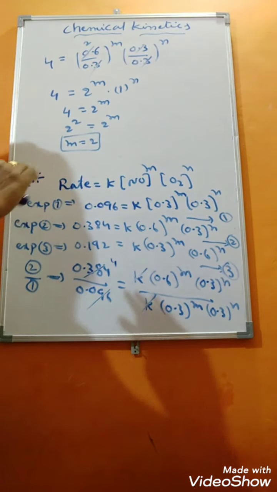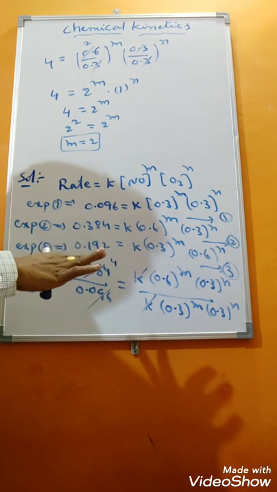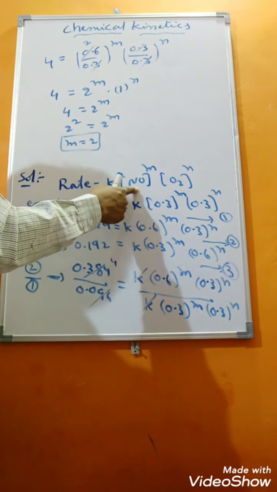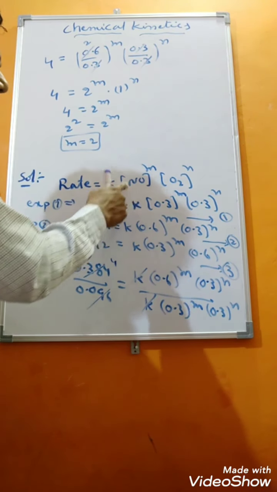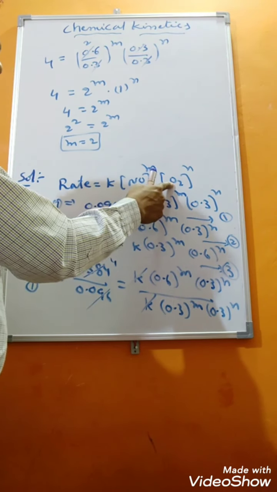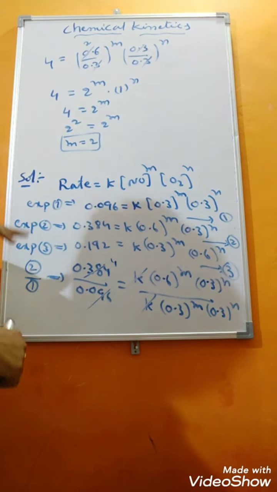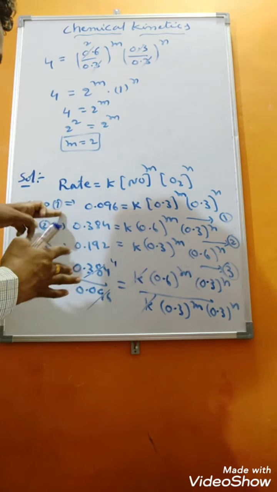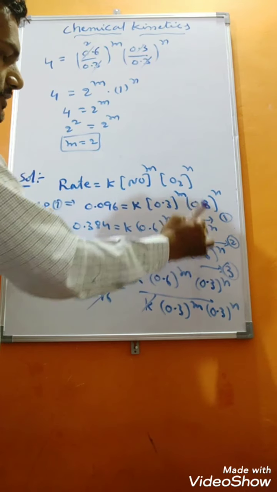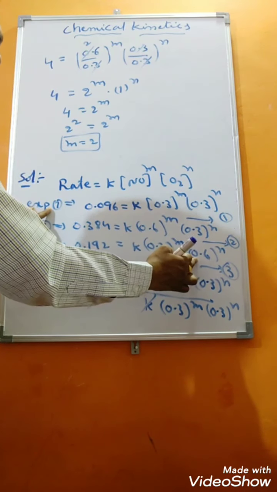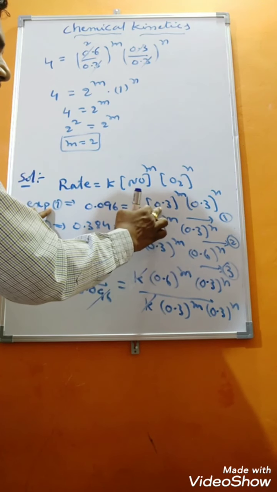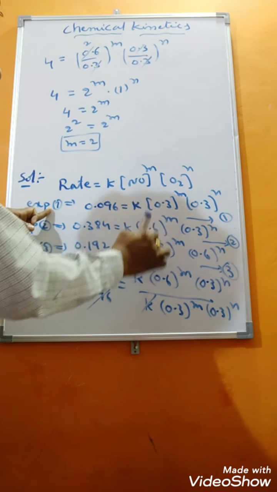Now you can change any one of the reactant concentrations. We have changed NO. Now we will keep the NO concentration constant and change the concentration of O2, and we will see what happens. Observe experiments 1 and 3. The concentration of O2 is changed from 0.3 to 0.6, doubled, while the concentration of NO is kept constant.